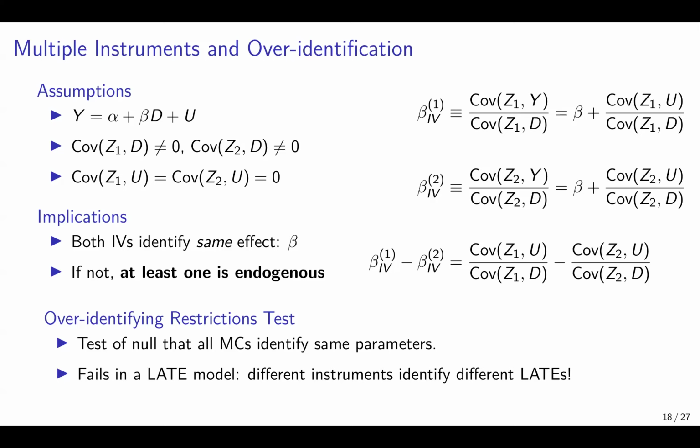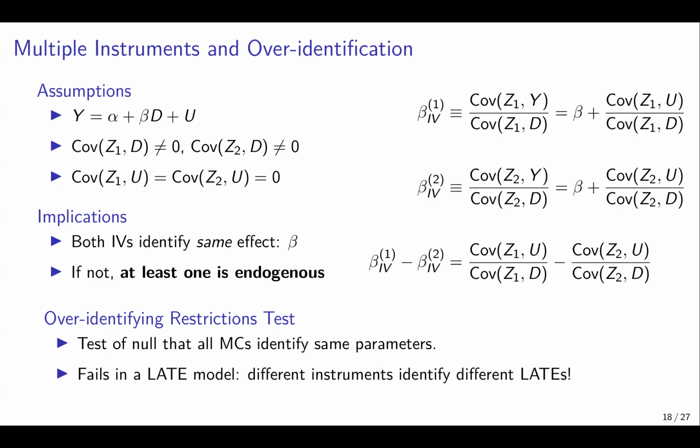All right, so if we take beta 1 IV, that's the estimand that uses Z1 as the instrument for D, and we subtract from it beta 2 IV, the estimand that uses Z2 as the instrument for D, then what are we going to get?